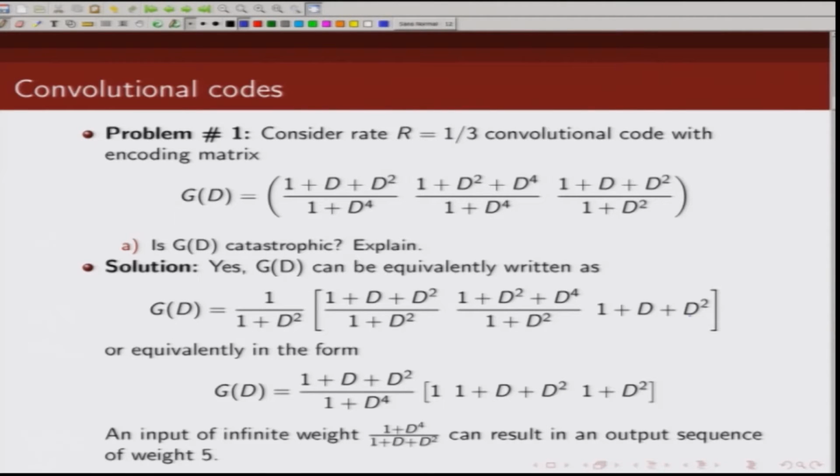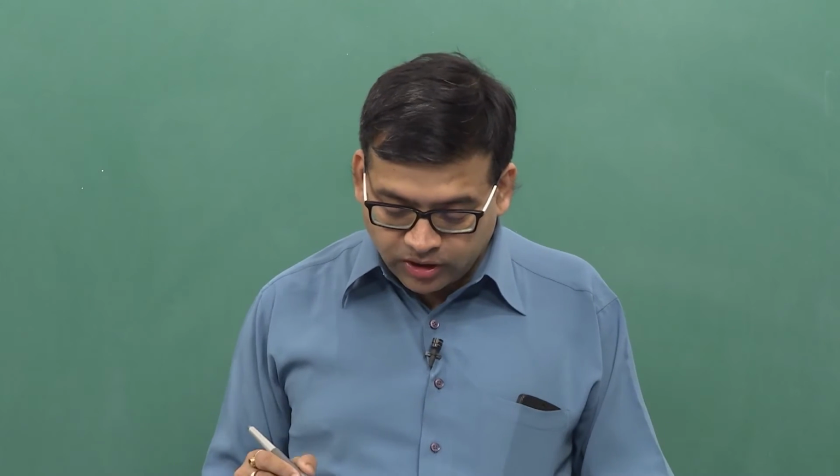Similarly, in the numerator there is a common term 1 plus D square. If we take that out, we get 1 plus D square and 1 plus D square. Now, how do we know whether this will result in a catastrophic encoder or not?